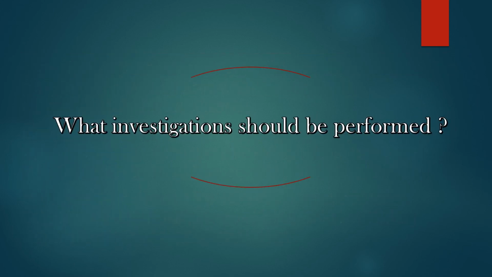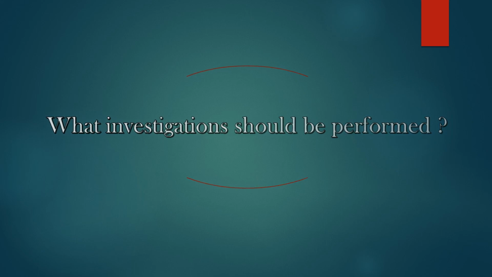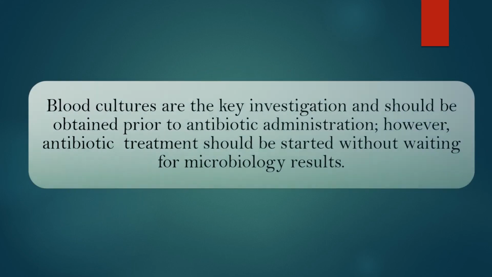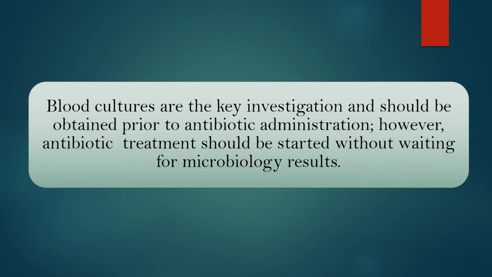What investigations should be performed? Blood cultures are the key investigation and should be obtained prior to antibiotic administration. However, antibiotic treatment should be started without waiting for microbiology results.